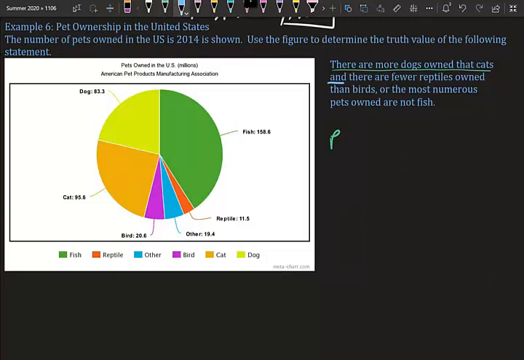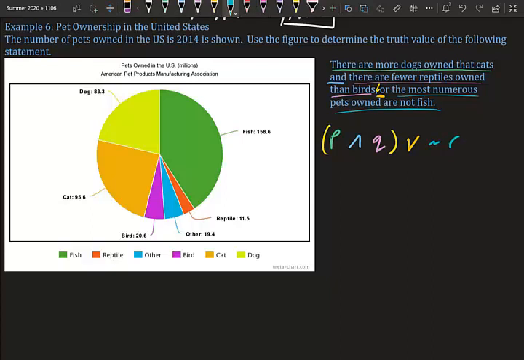Our connective is and. Our next simple statement, there are fewer reptiles owned than birds. We have a comma, so we put parentheses. Our next connective is or. Our next statement, the most numerous pets owned are not fish. Since we have not, we have negation R.